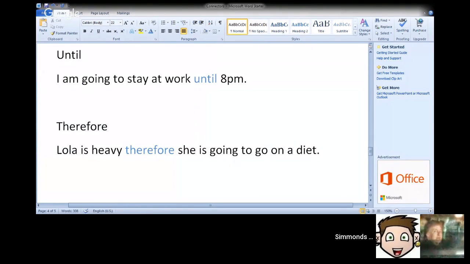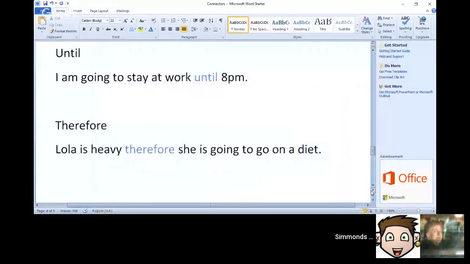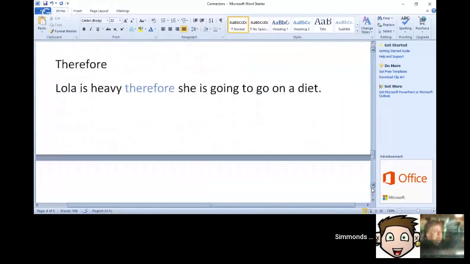This is a true story. I don't know how she's going to go on a diet, but... Therefore, it's similar to hence. It's the same meaning, I think. Exactly. Yep, very similar. And so as well. Good. So instead of saying fat, for example, Lila is fat, we say Lila is heavy. Okay. So it's a little nicer way to say that. So that's why I put that in there. So that's good.